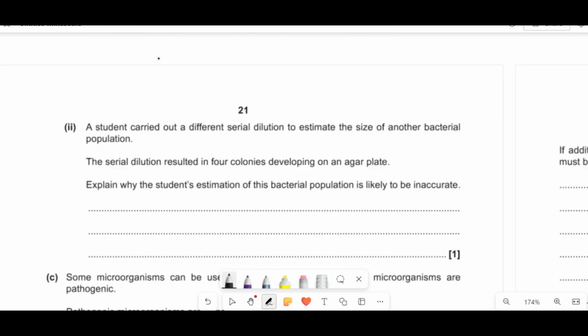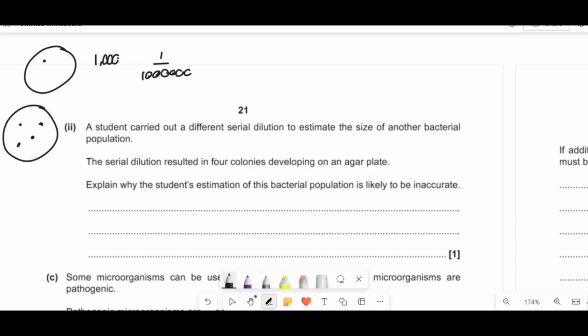For example, if I do a 1 in 1 million dilution, that's 1 with 6 zeros. So if I have a 1 in a million dilution, let's say I count 1 here, and then I count 4 here. I'm assuming that this would have been 1 with 6 zeros, whereas here, if we undo the dilution, that is 4 with 6 zeros. So you've got 4 million versus 1 million. There's a 3 million difference.